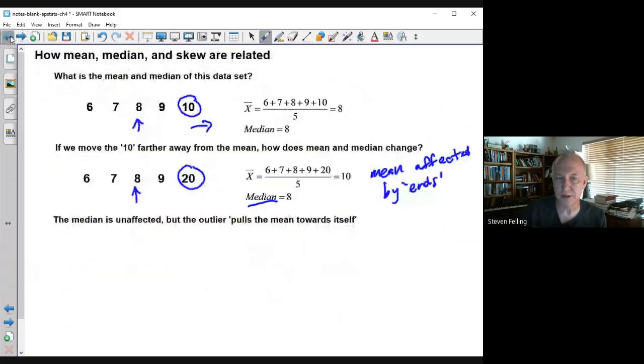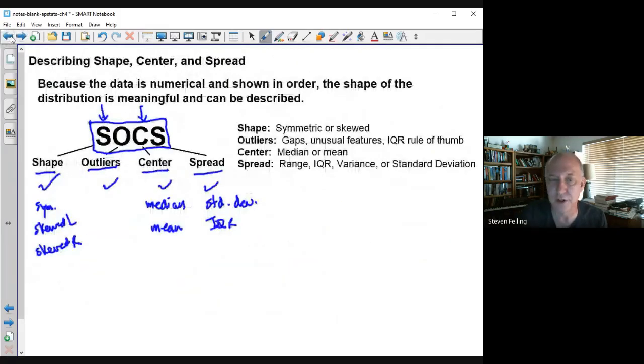When we're describing distributions and we write up a paragraph, it usually takes a while to describe a distribution because we have to mention SOCS: shape, outliers, center, and spread. For shape, we have to look at a histogram of it to see, is it symmetrical, is it skewed left, is it skewed right. For center, we have to calculate its median or its mean and report that. For spread, we have to calculate either its standard deviation or its IQR and report that.